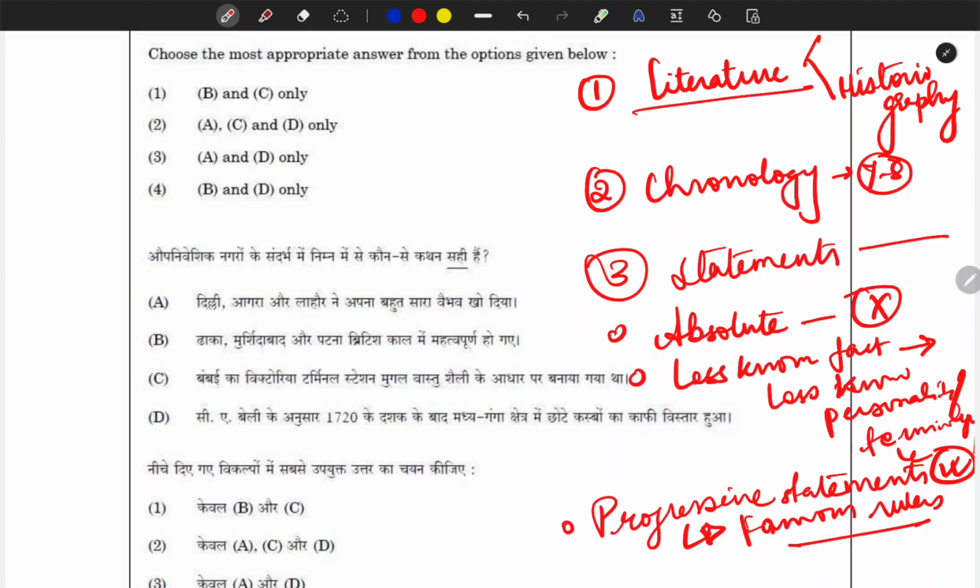And thank you for today, and tomorrow I'll come up with the second part of this 2021 paper, and I'll try to do at least one or two more papers, so that you have a fact check whether whatever I am telling you is correct or not, whether the observations made by me are correct in the context of the questions or not. So 2-3 more papers we will discuss before your exam on 28th of June.